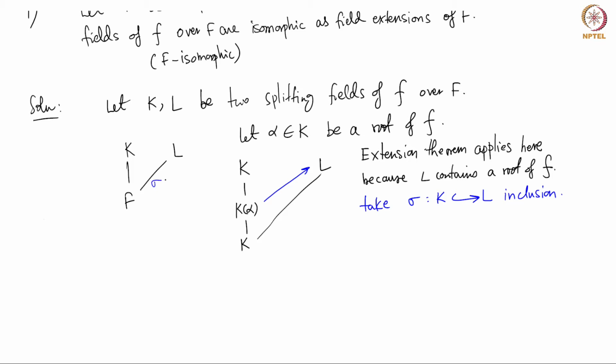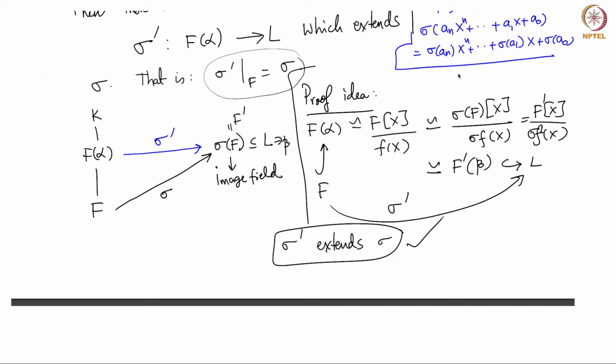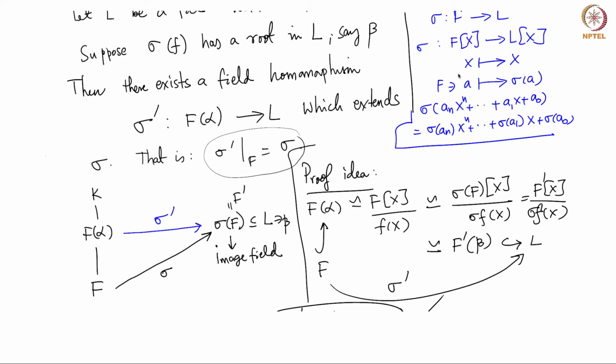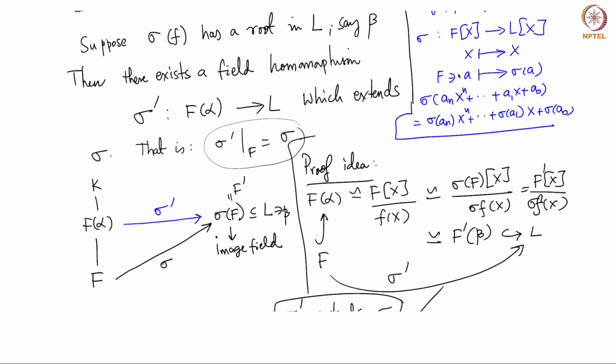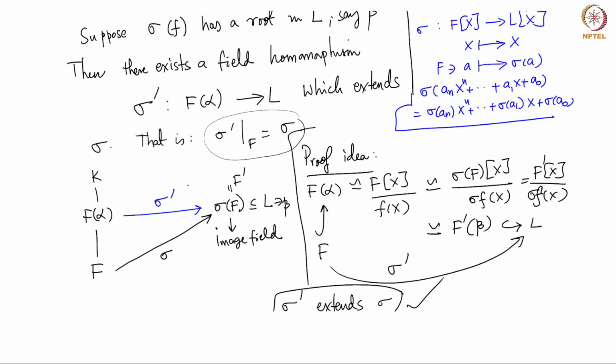Sigma exists already because F is a subfield of F. So with that, what you have is an extension. So you can extend it, and then if you go back to the proof, or rather the explanation that I gave without really proving it in detail, this extension here takes f alpha to f beta. Okay, so f prime is the image in general, but f prime is f here.